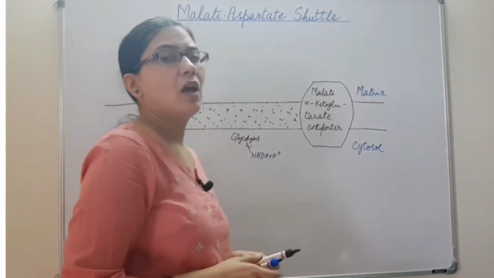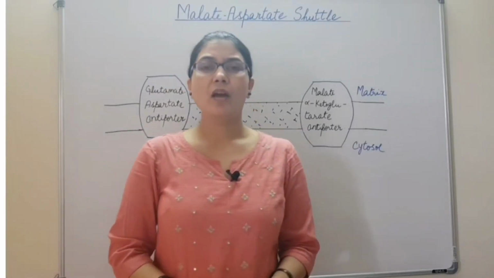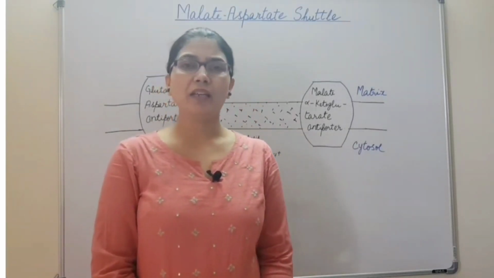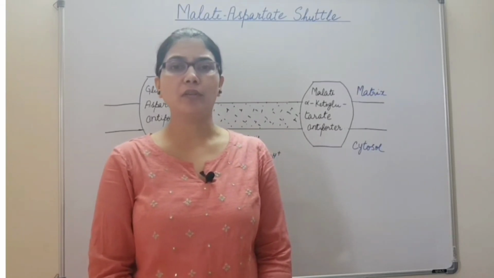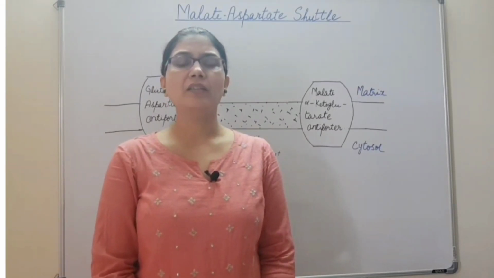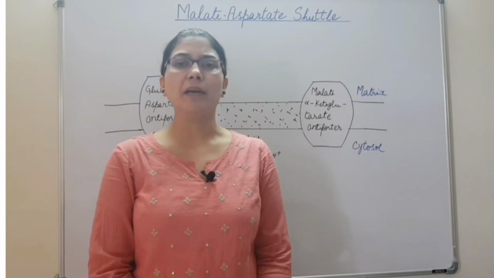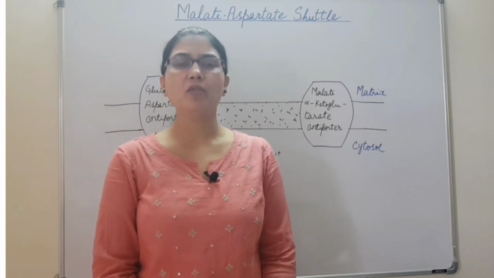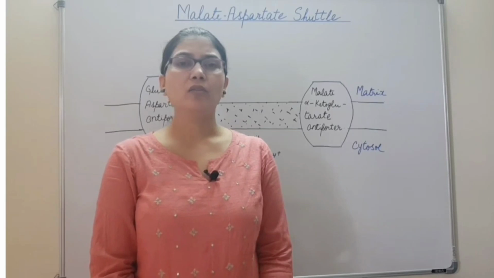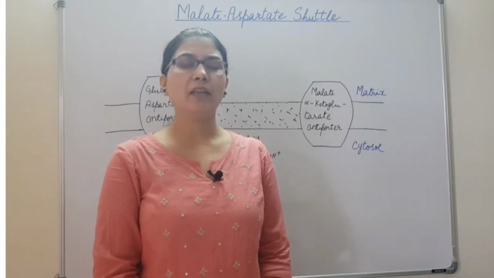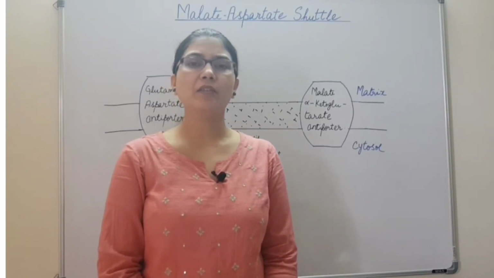We know that NADH transfers its electron to electron transport chain and then ATP is produced. But electron transport chain is present in the inner mitochondrial membrane, and inner mitochondrial membrane is impermeable to NADH. So how do the electrons from NADH pass to the electron transport chain?